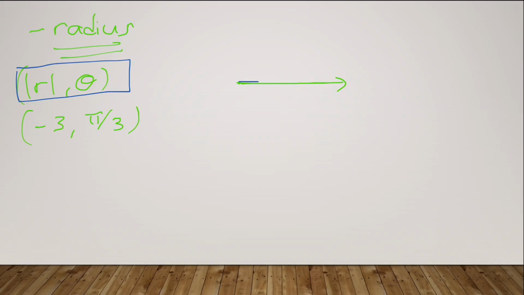So as I demonstrated, we take 3 radius and we move pi over 3 to get this point right here. This would be pi over 3 and this would be 3.